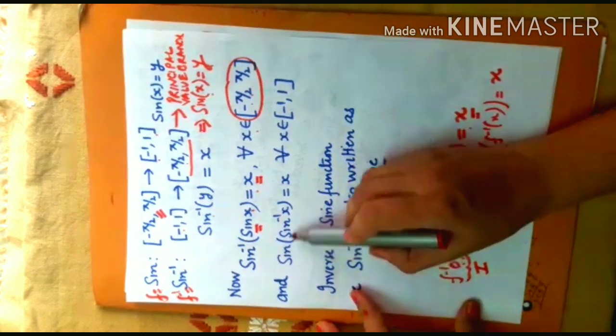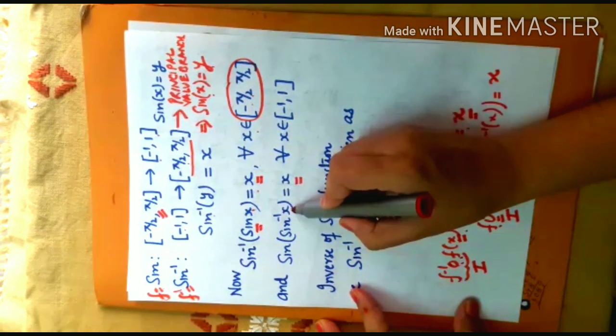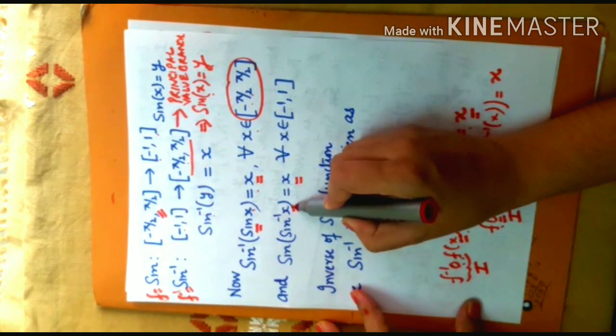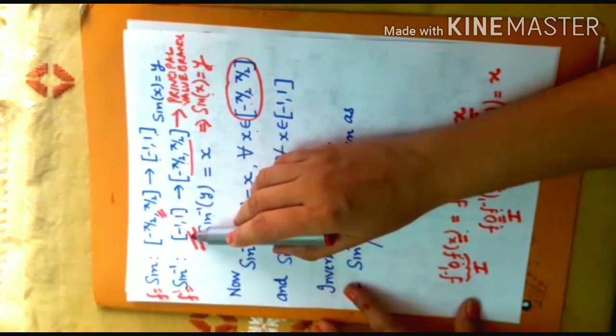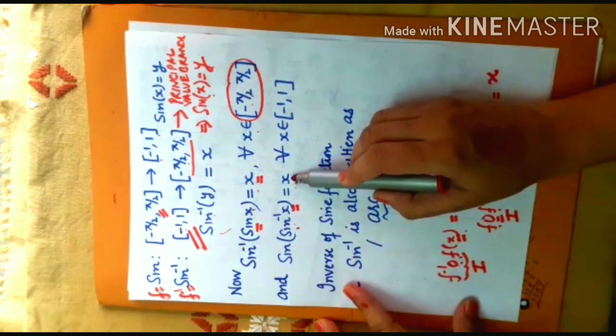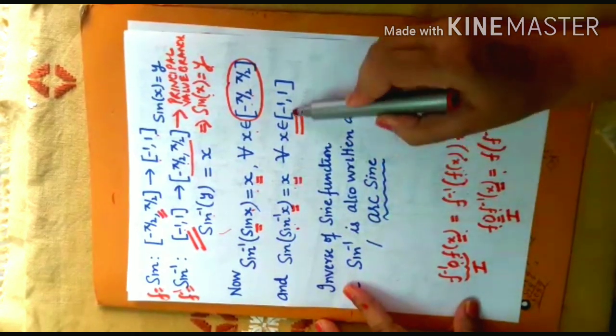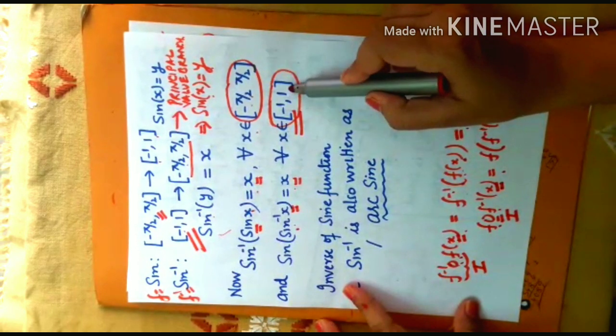So sine of sine inverse x is equal to x, and this x should come from the domain of sine inverse, which is the closed interval minus 1 to 1. So sine of sine inverse x is equal to x for all x which belong to the closed interval minus 1 to 1.